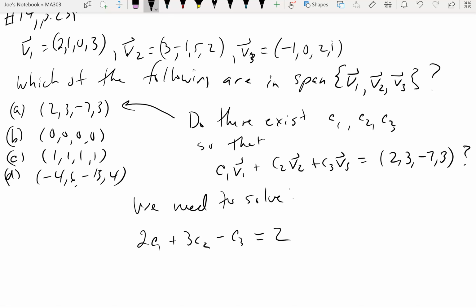So tell me what the second equation is going to look like. C1 minus C2 equals 0. Okay, and 0, yep, equals 3. Good, because it has to equal that second component, right? What about the next equation?